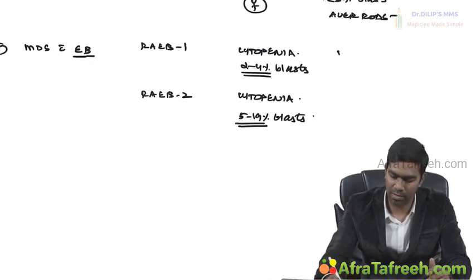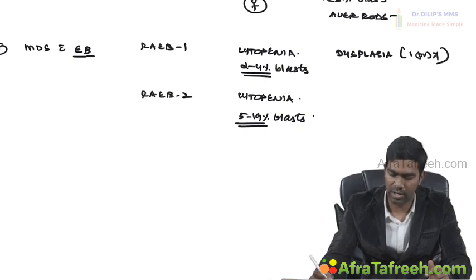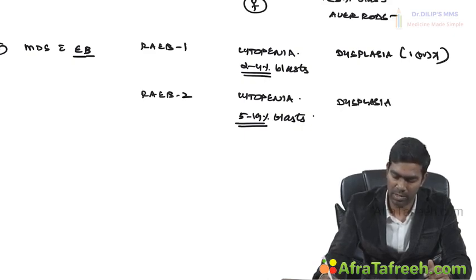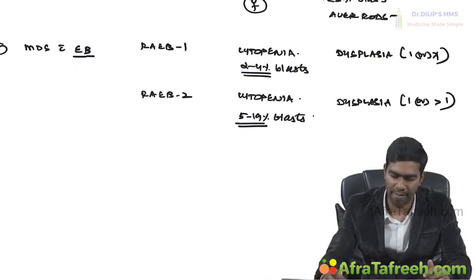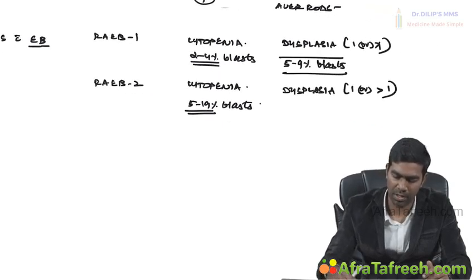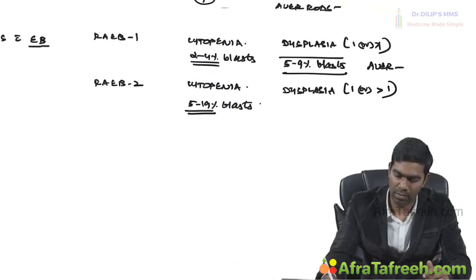So typically you will have dysplasia. It doesn't matter, it can be unilineage or multilineage, we don't know. And again here also there can be dysplasia, unilineage or multilineage, it doesn't matter. And in the bone marrow you are going to see 5 to 9% blasts. At the same time your Auer rods will be negative.